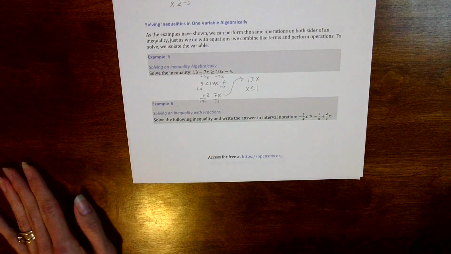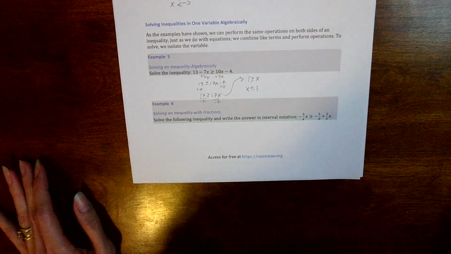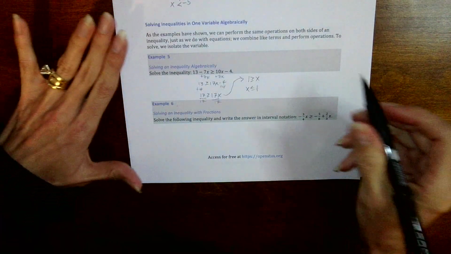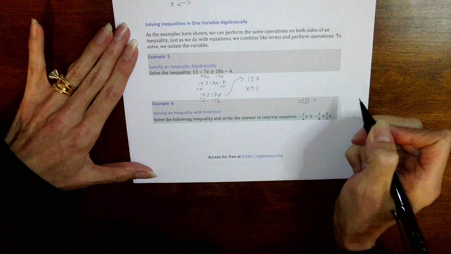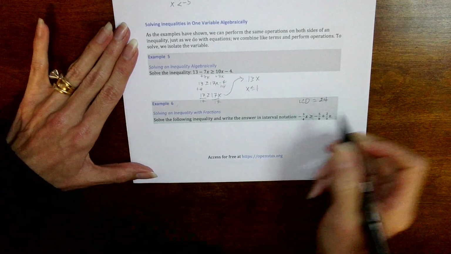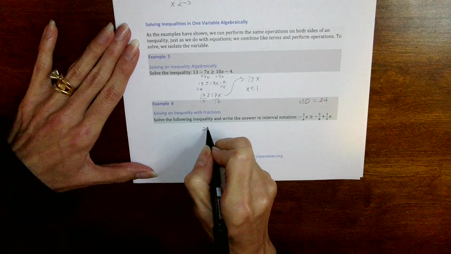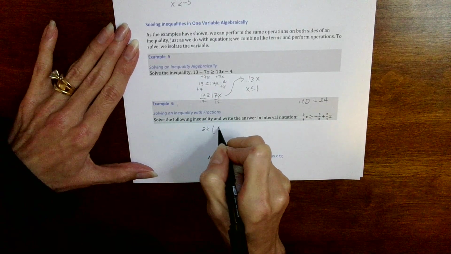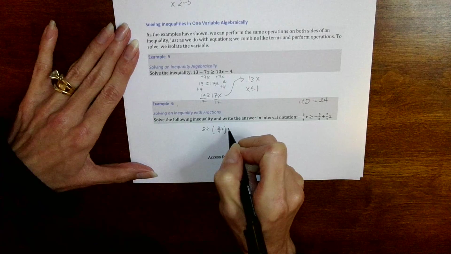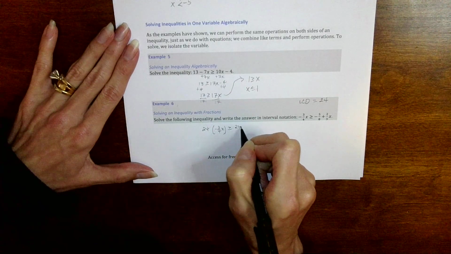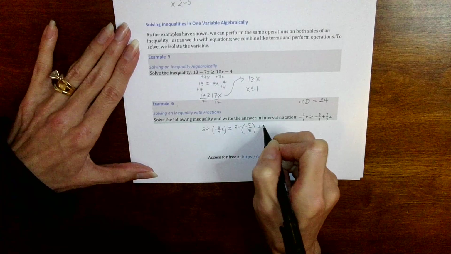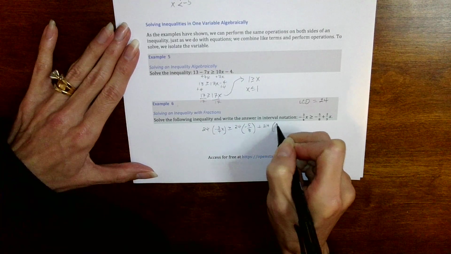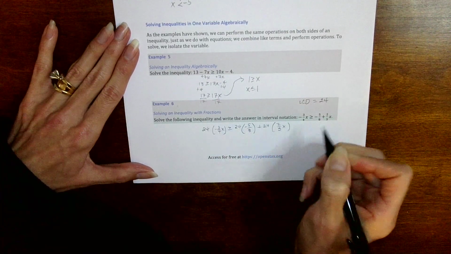Alright, here's one with a fraction. We're going to multiply everything by the LCD, which is 24. So I have 24 times negative 3/4 x greater than or equal to 24 times negative 5/8 plus 24 times 2/3 x.